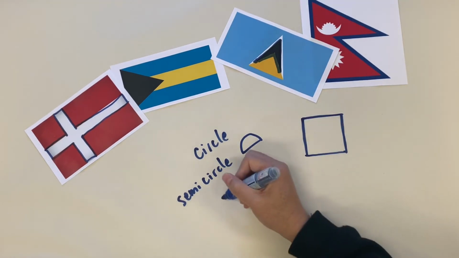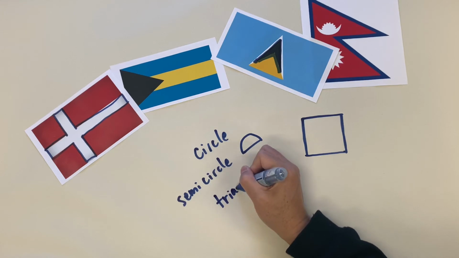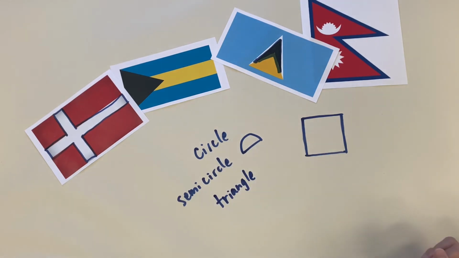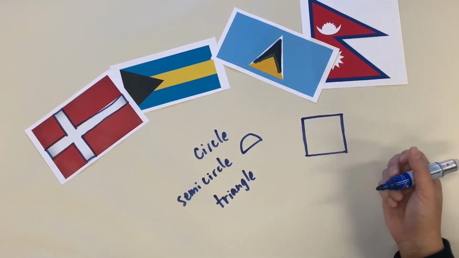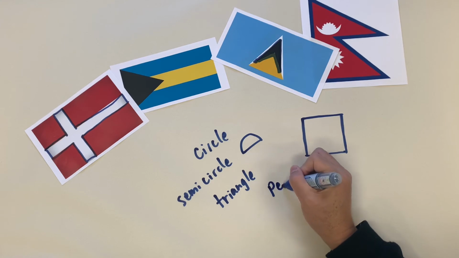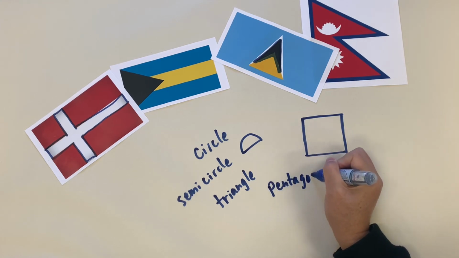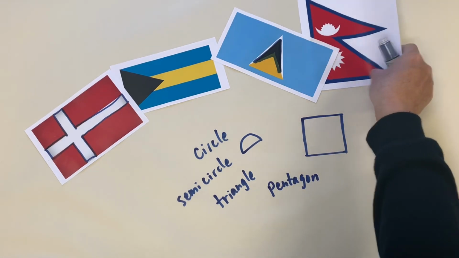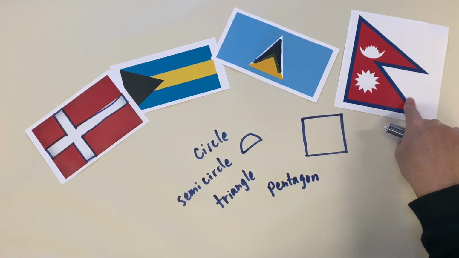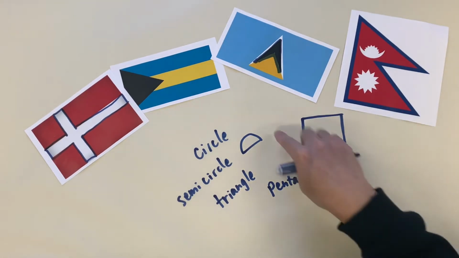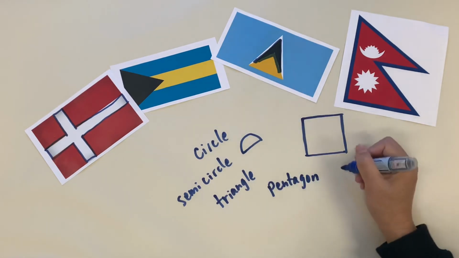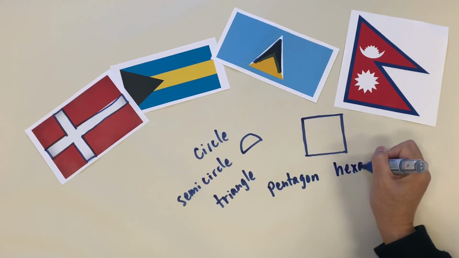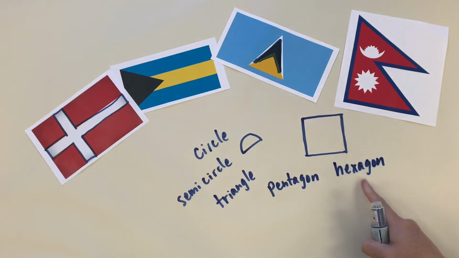I wonder if you can find a triangle on a flag. Rectangle? We've already found one. Can you find a pentagon on a flag? Mind you, the flag itself is a pentagon. I wonder if there's a pentagon on the flag somewhere, like this. I wonder if you can find a hexagon. A hexagon is a 6-sided shape.